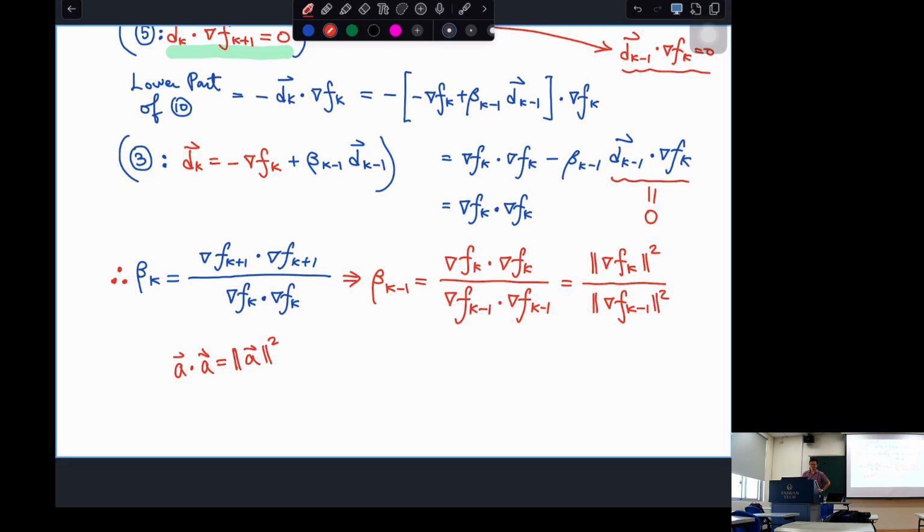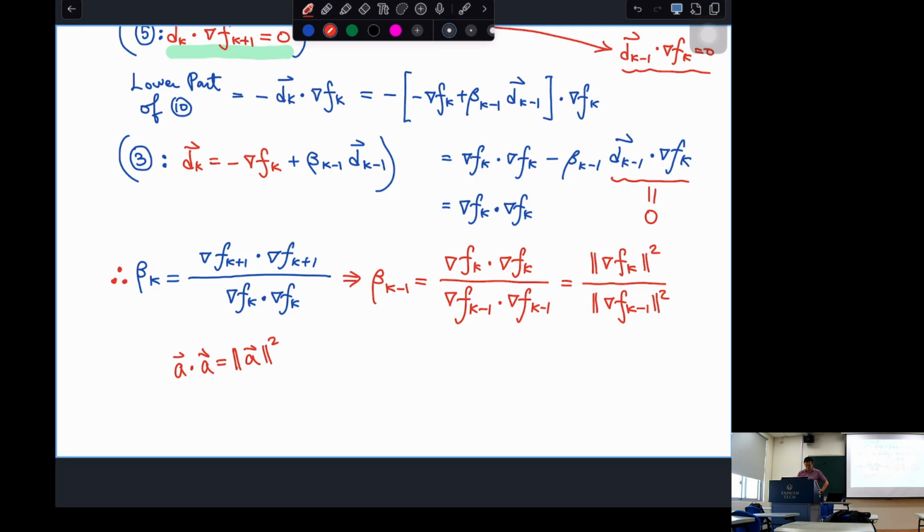If you do not like to perform dot product, it's the same math. You can evaluate the length of the vector and then take a square. The same thing. Okay, now we know beta k minus 1.